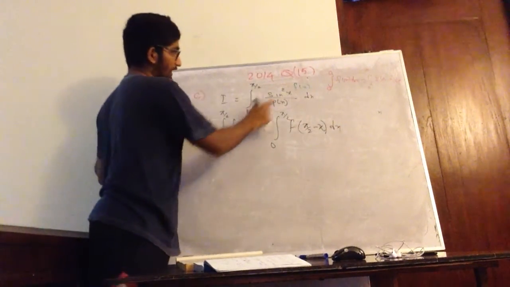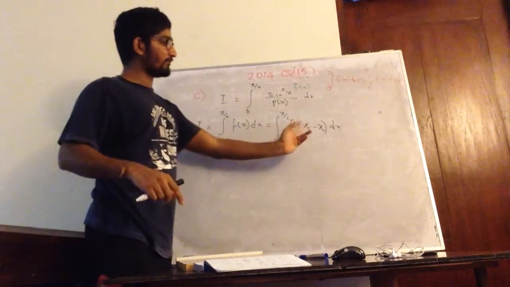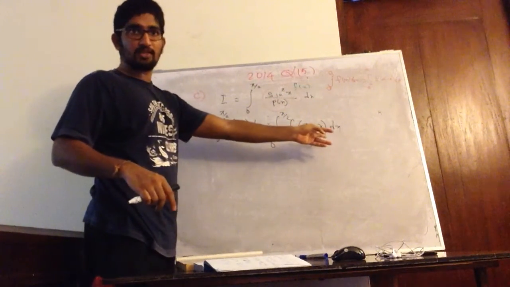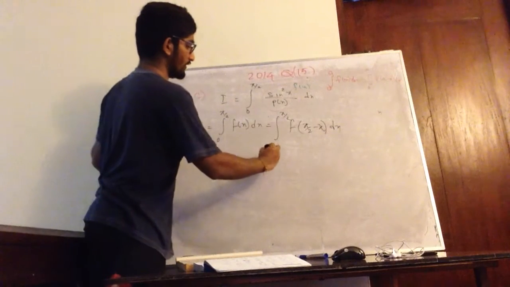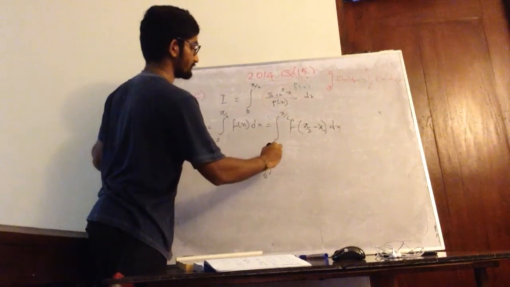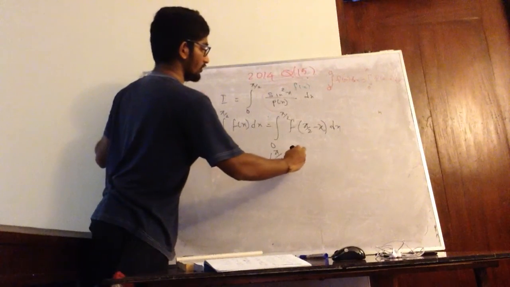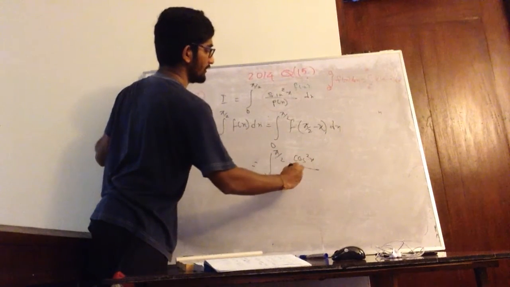This part is this, and we found what f(pi over 2 minus x) was: cos squared x dx.